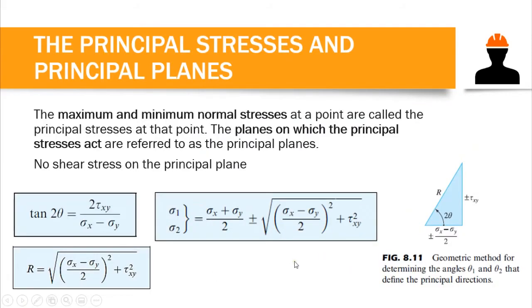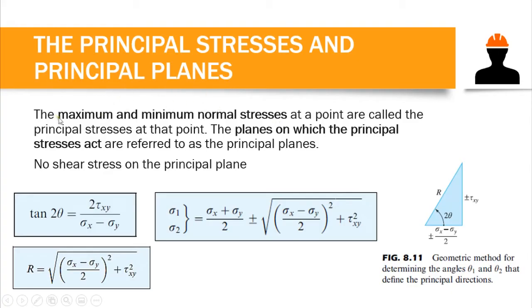Now, when we rotate our stress element, there would be a certain angle of rotation that gives us the maximum normal and shear stress. And that is what we call the principal stresses. Okay? And the plane in which we have our principal stresses, or the maximum and minimum normal stresses, that's what we call the principal plane.